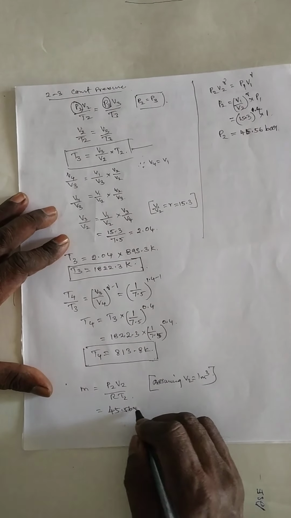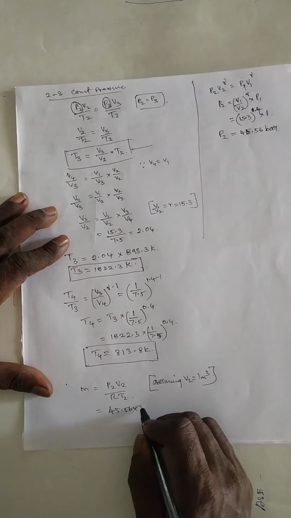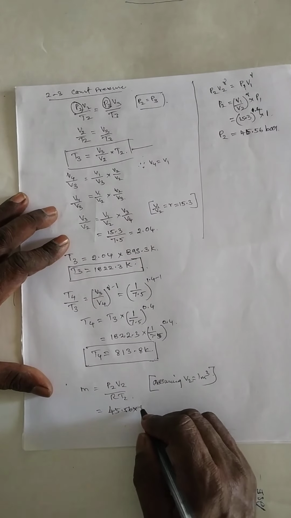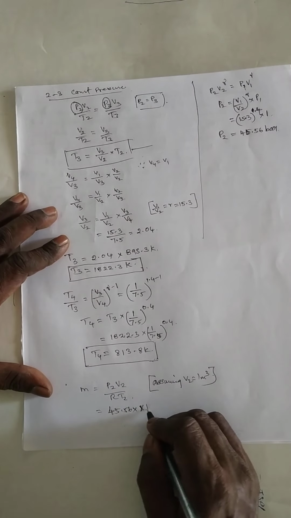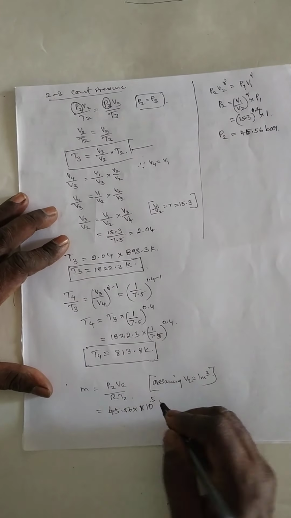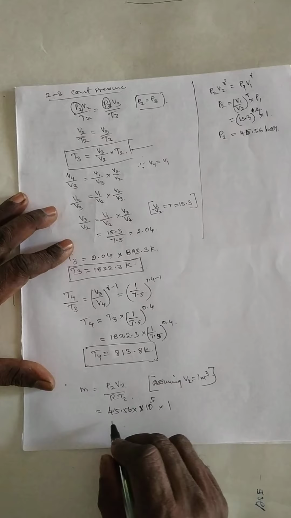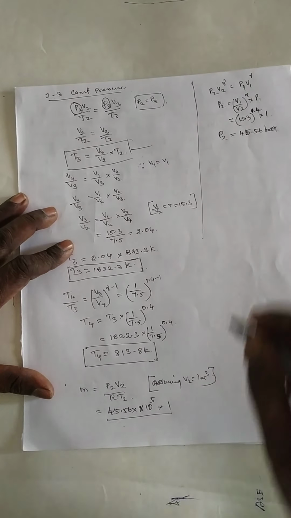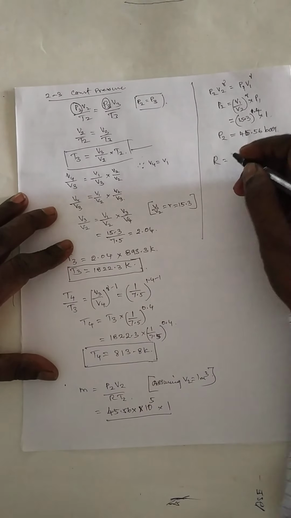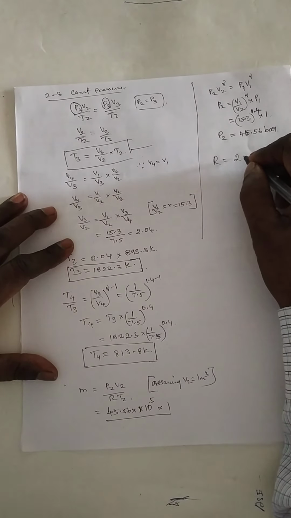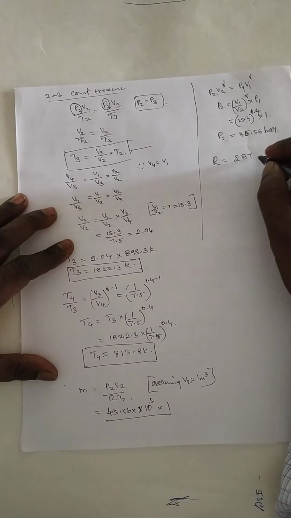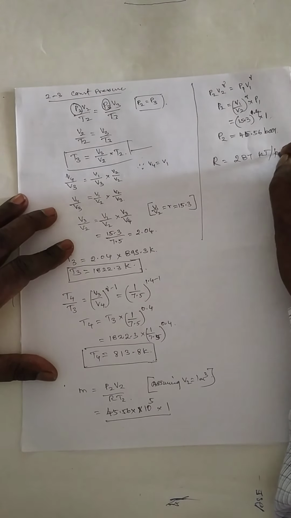Now we are going to substitute that value here, that is 45.56 into V2 is 1. We are going to convert this into Newton per meter square, that is into 10 to the power of 5, then into 1 divided by R, where R is the gas constant, 287 joules per kg Kelvin.